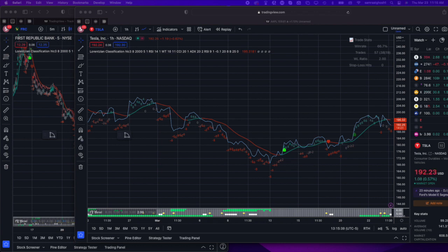So we're still on Tesla right now. It's really fluctuating, sticking really around 192.25 to 192.40. And this is on the 1 hour time series that we're looking at the algorithm.